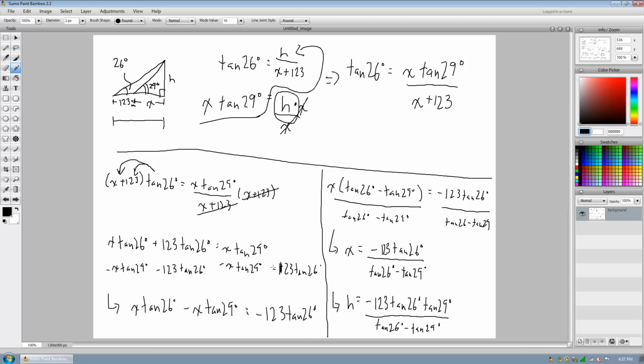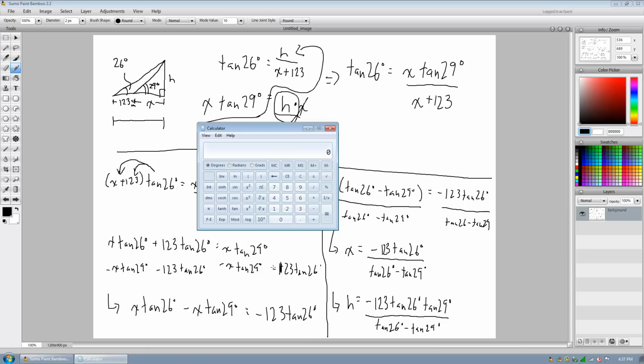So I will bring up my trusty calculator, and I will put this whole thing in. So it's a fraction, so I got to start with a bracket. Negative. Nope. Try that again. Negative 123. Oh, that's ugly.